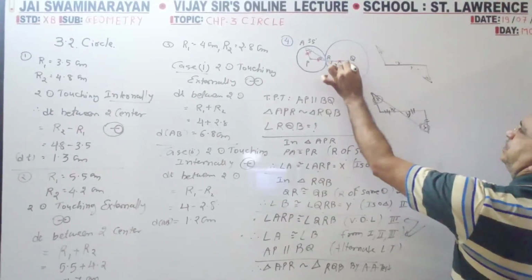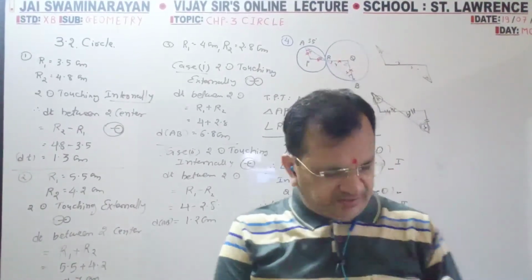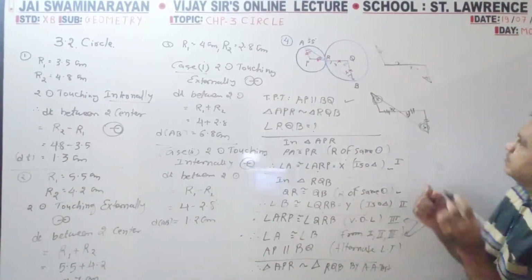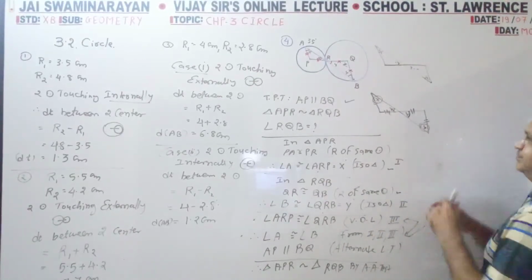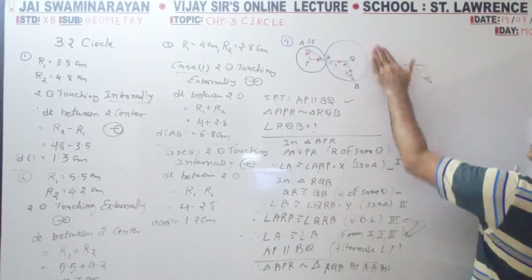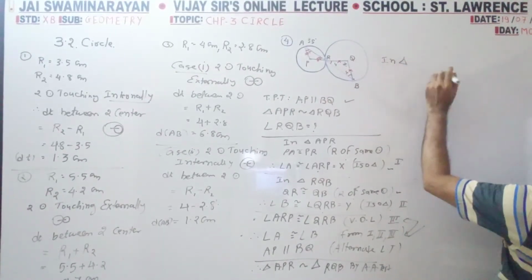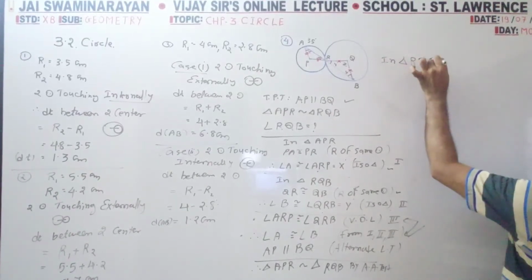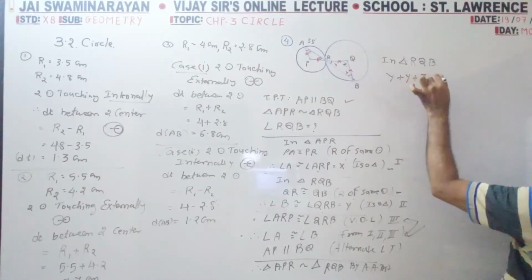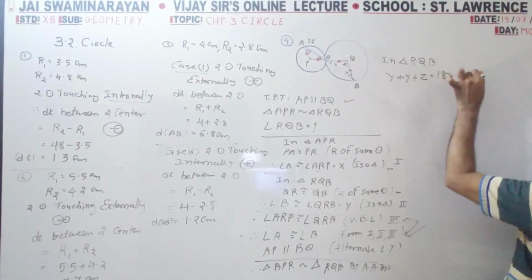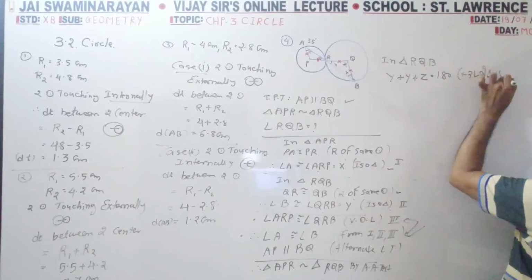I will take that as Z. In triangle RQB, Y plus Y plus Z is 180, sum of three angles of a triangle is 180, correct?